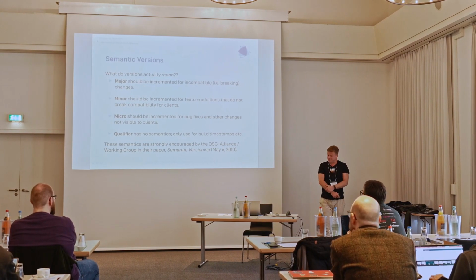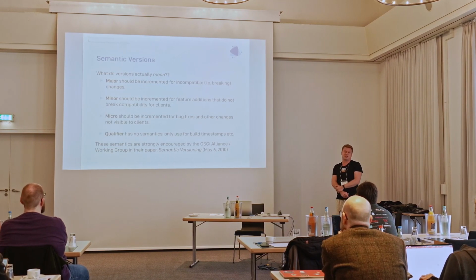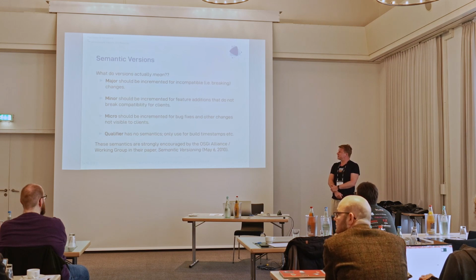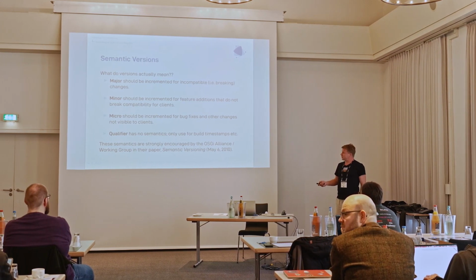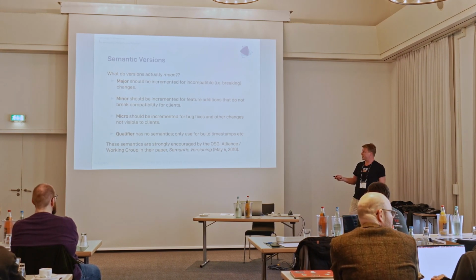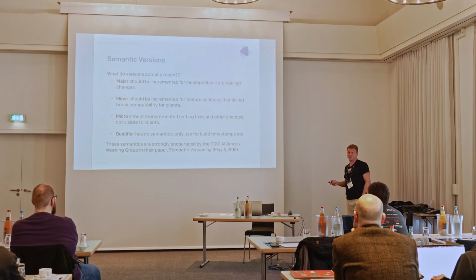So OSGi also suggests that you use semantic versioning. It shouldn't be a new concept, but just to reiterate, maybe start from the bottom. The qualifier part has no real semantics. You can use it for everything, usually build timestamps and stuff like that. Just give it whatever name you want.